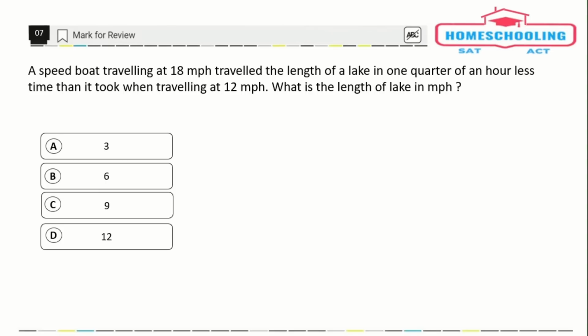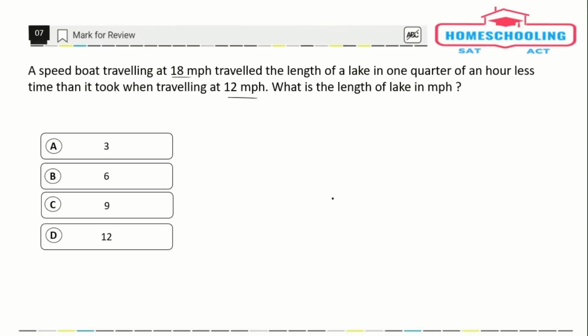Question number 7 says that a speedboat is traveling the length of a lake in a quarter of an hour less time than it took while traveling at 12 miles per hour. So he's saying that the difference in the time at these two speeds, 18 and 12 miles per hour, is 1/4 of an hour.